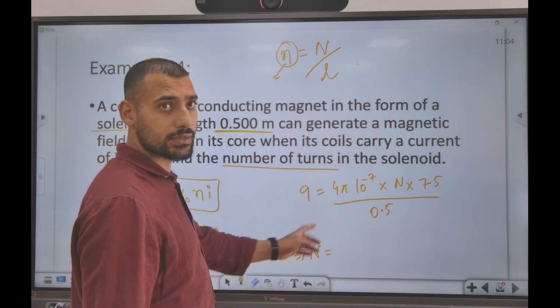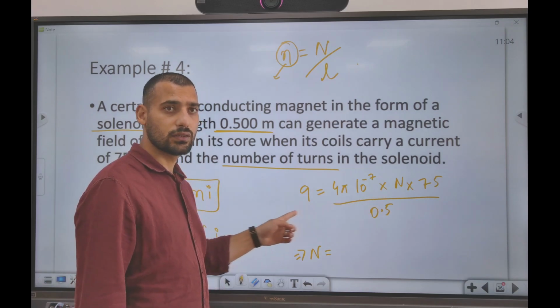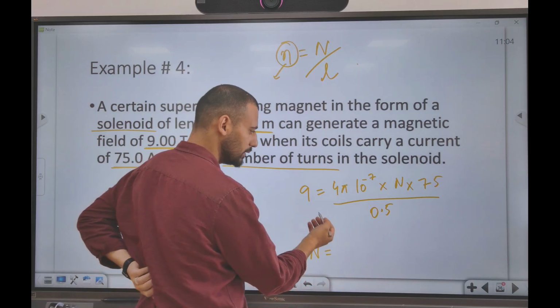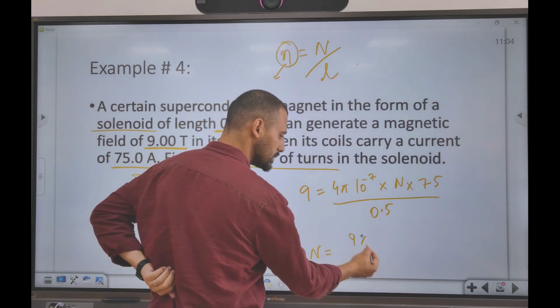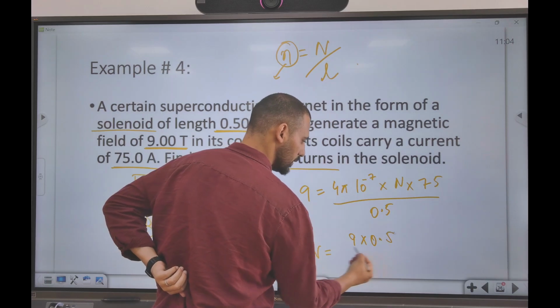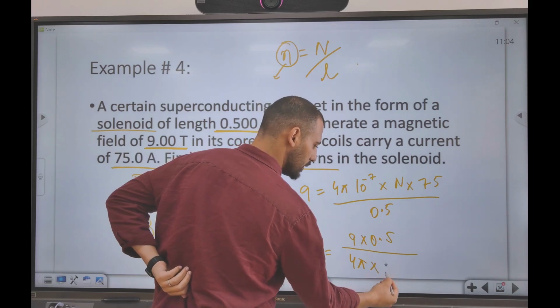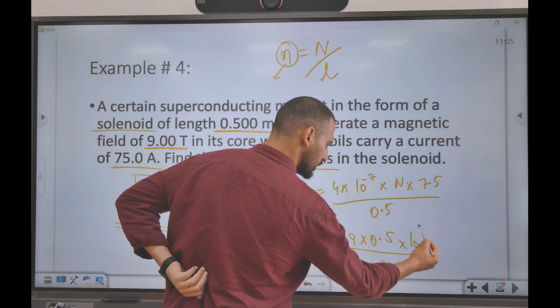Yes, Nagleen, what is the result? You evaluated this? Yeah. So it is 9 times 0.5 upon 4 pi times 7 times 10 to the power 7.